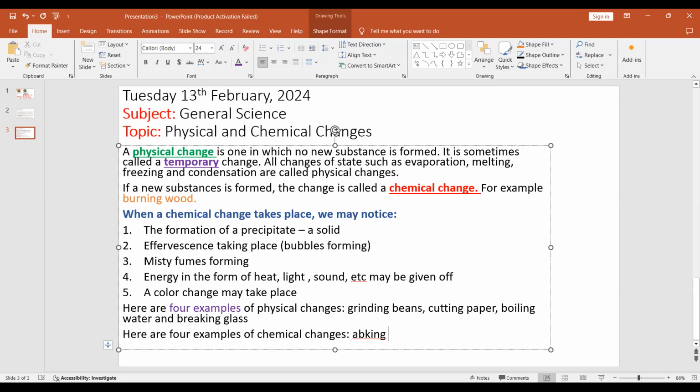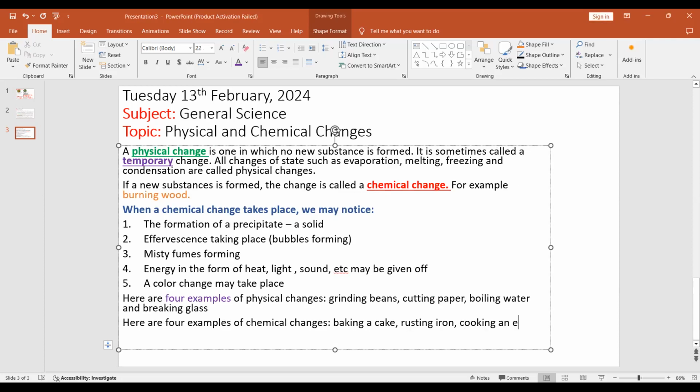Baking a cake, rusting iron, cooking an egg, and even the digestion of food.